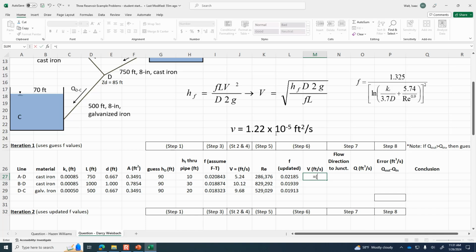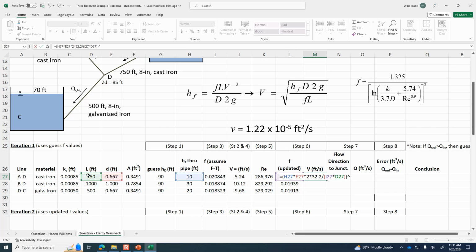It is h sub f times d times 2 times g, which is 32.2, divided by f using the new f value, so that's L27, times the length, and then all of that is to the power of 0.5.